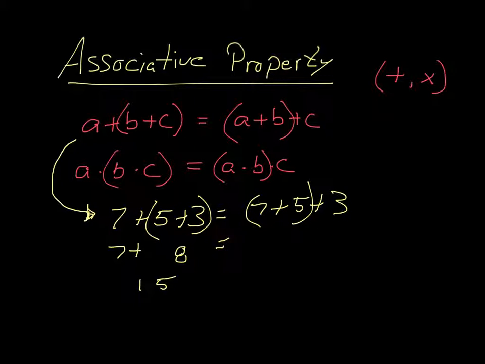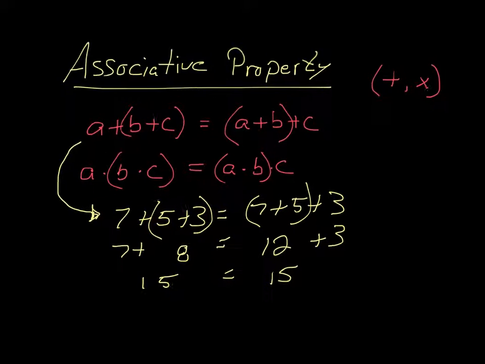Now coming back over here, we have 7 plus 5 equals what? 12. And 12 plus 3 equals what? 15. Well, ladies and gentlemen, this is correct. It does not matter in this situation which way you add first, you're going to get the exact same answer. This is a good example of the associative property.